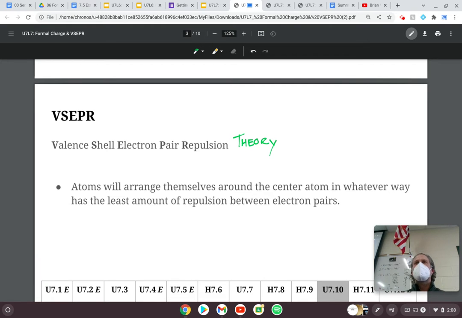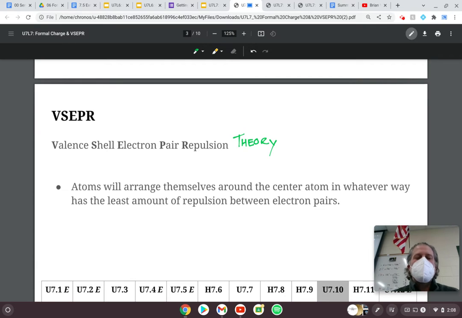what ends up happening is we know that electrons are negatively charged. And if electrons are negatively charged, we also know that they don't want to be near each other. And as a result of them not wanting to be near each other, they push away from each other in three-dimensional space. Okay?